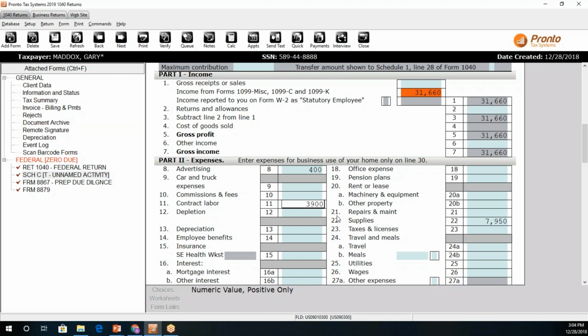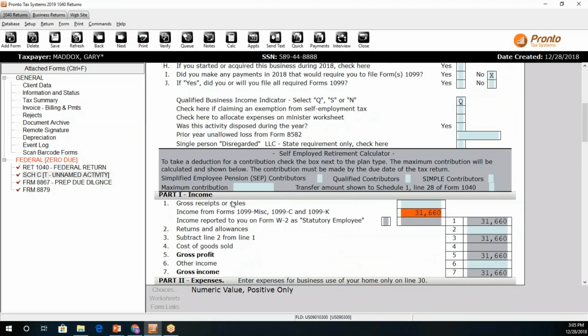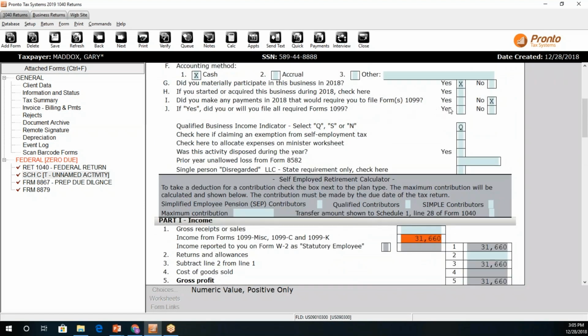Contract labor, you know that you have to issue a 1099 to all your contract labor. Okay. So for this particular return, however, we're going to say that, first of all, he did not supply any 1099 miscellaneous, and that's why I marked this as no, because he did not do it in this scenario.